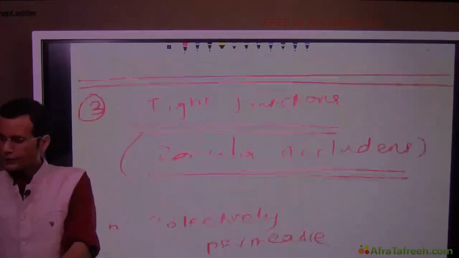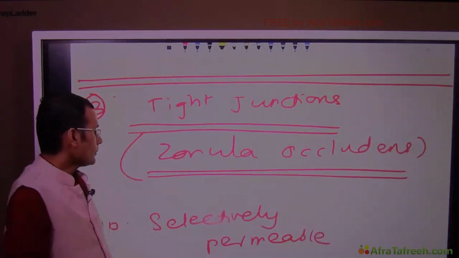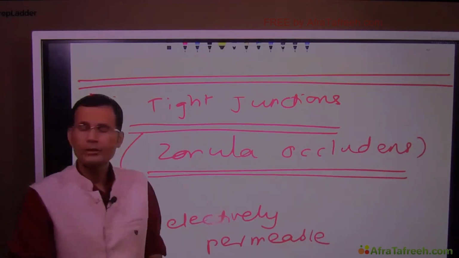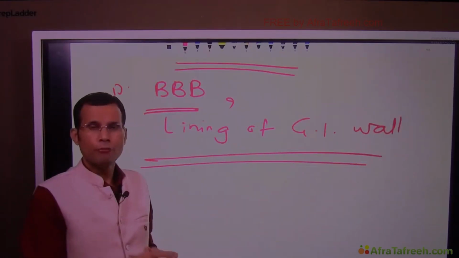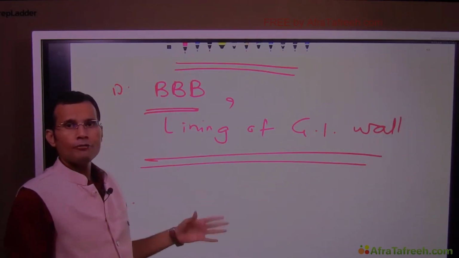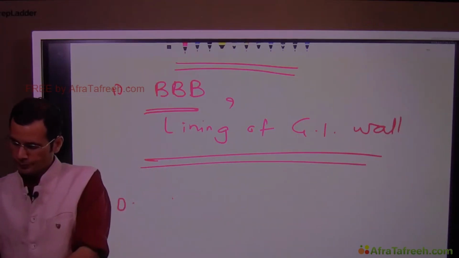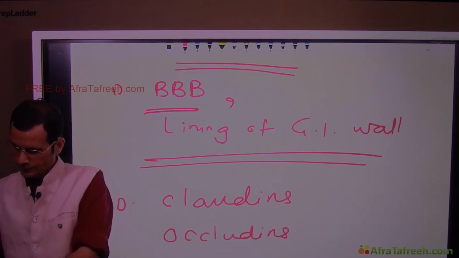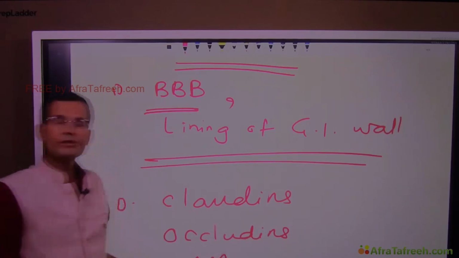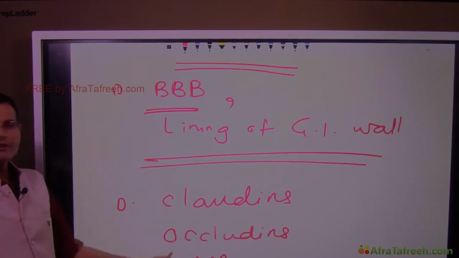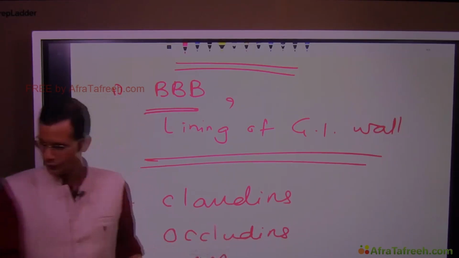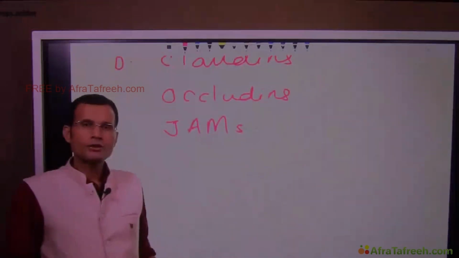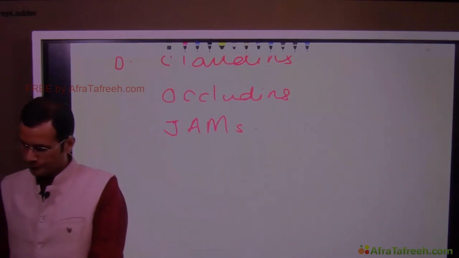And tight junctions are selectively permeable. Remember, tight junctions are formed of these three proteins: claudins, occludins, and JAMs. JAM, junctional adhesion molecules. So that's an example of tight junctions and what they are made up of.